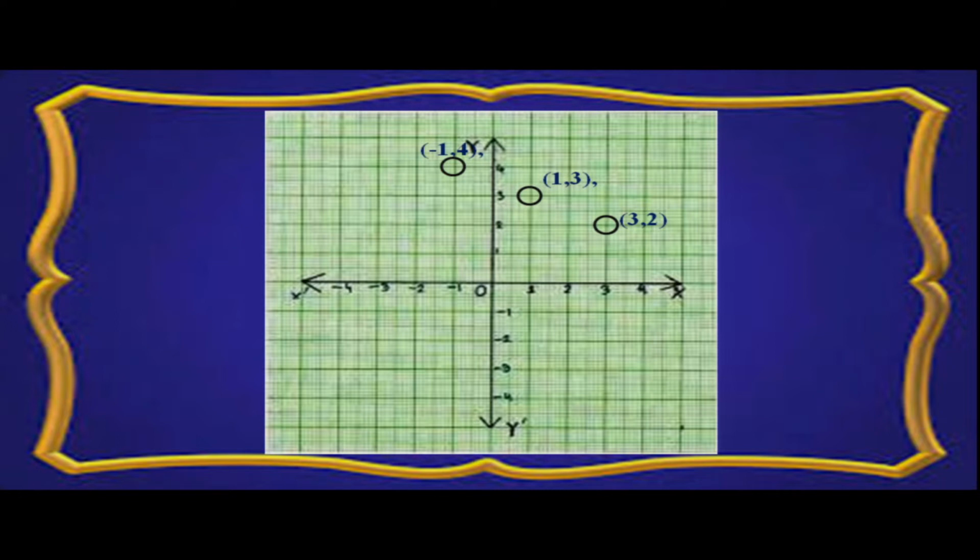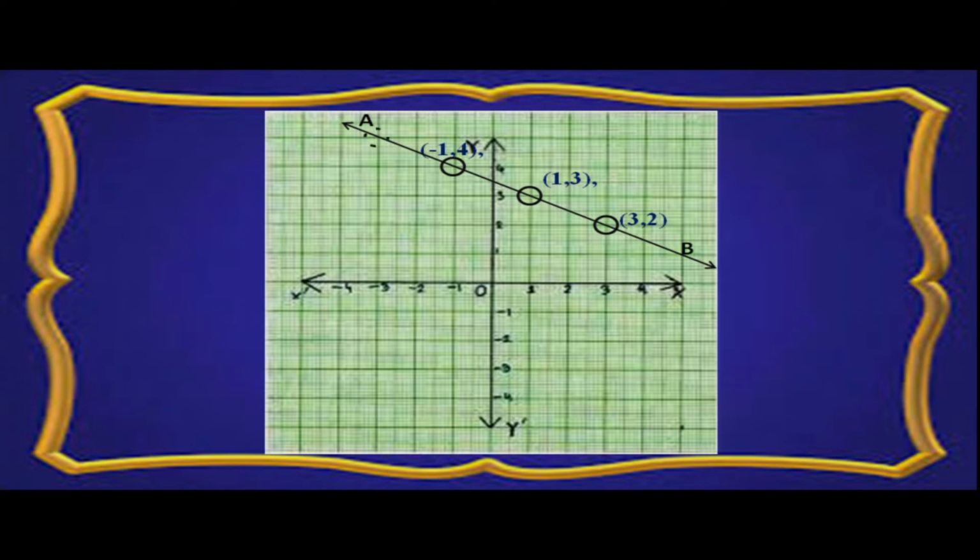Now we have 3 solutions, represented as 3 points on this graph, and if we join them, we can see that they lie on a straight line. So we can say that the graph of this equation is the straight line AB.